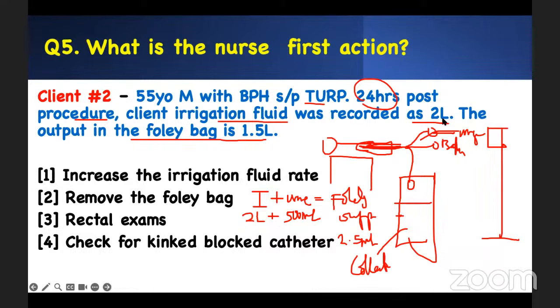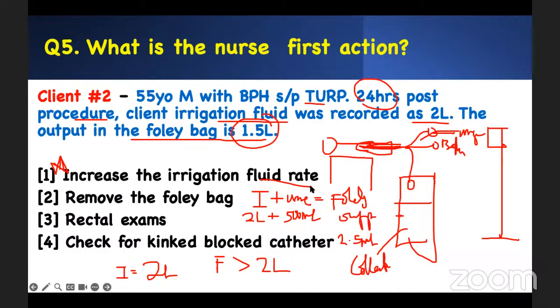So if we irrigate with 2 liters, I expect whatever is in the Foley should be greater than 2 liters. I see 1.5. I know something is blocking it. I'm not going to put more fluid in. Increasing the irrigation fluid, nothing is working until you figure out what is the problem.